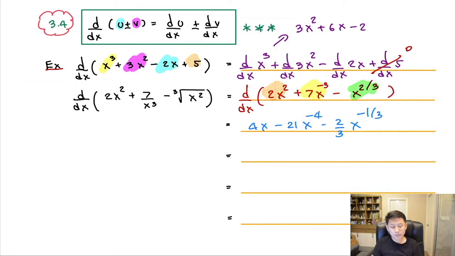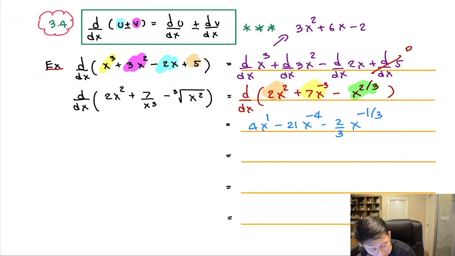Make sense? Right? Here you push 2 down here, you get 4, right? And 2 here, you subtract 1, you get x to the power of 1. Make sense? If you want to do it very slowly, you can pull the 2 out first using property 2, but actually you don't need to do that. It just takes more time.